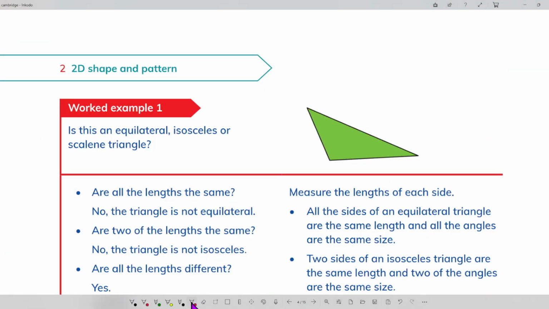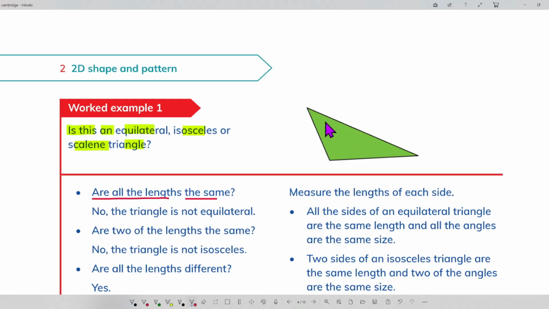Worked example 1. Is this an equilateral, isosceles or scalene triangle? How do we understand? Look, first here are some points. Are all the lengths the same?